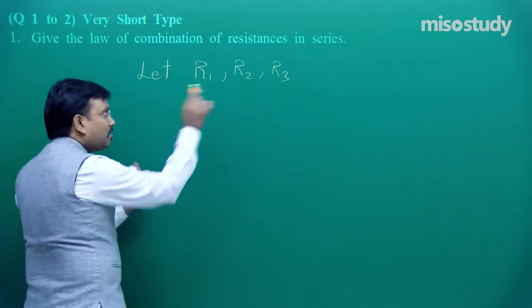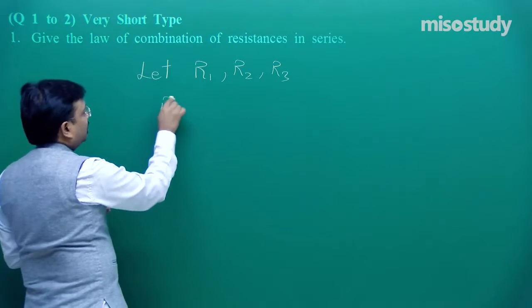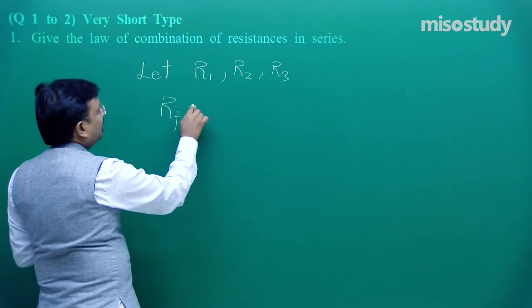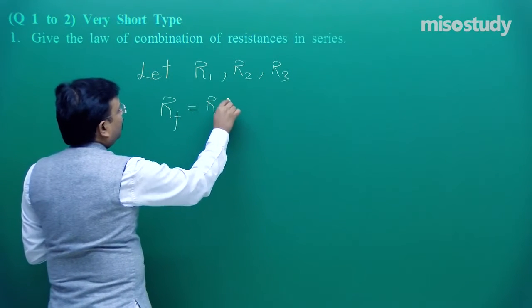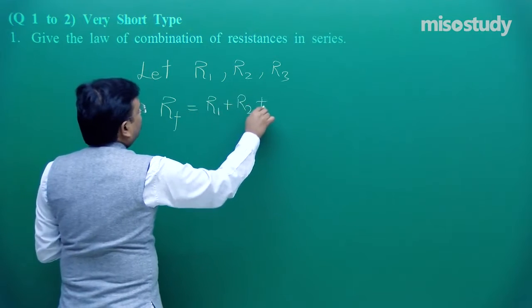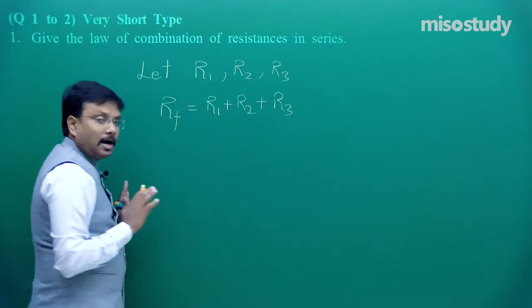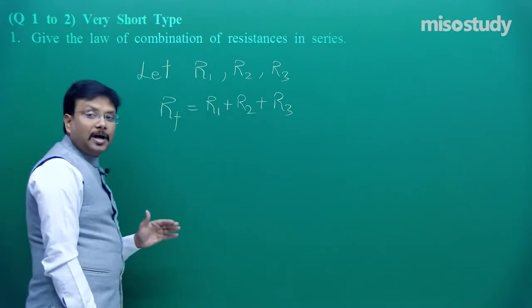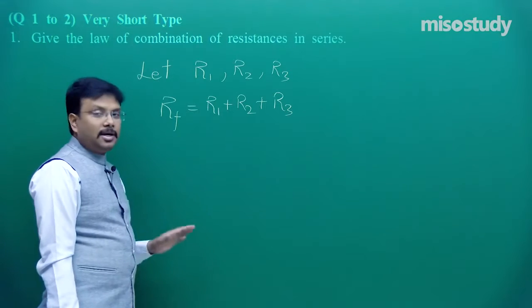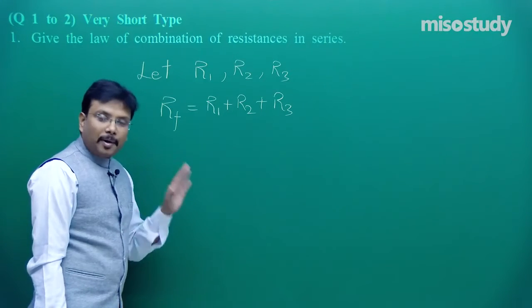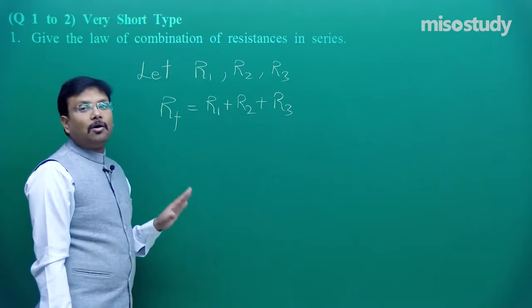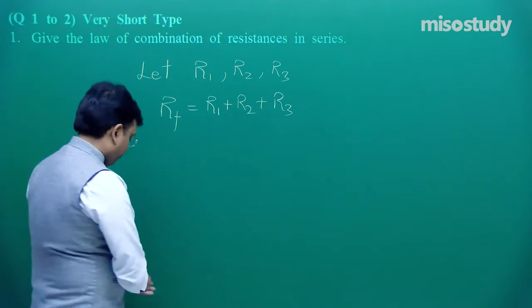So, the answer required in this question is R final is equal to R1 plus R2 plus R3. That is the answer. This will give the examiner the idea that the student properly knows the solution of this question. Fine.